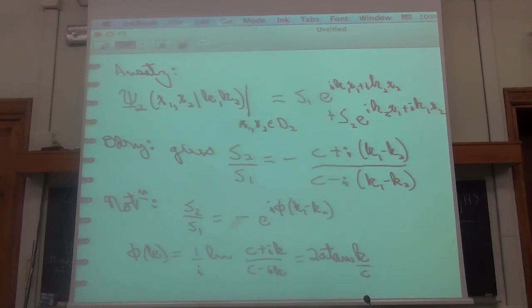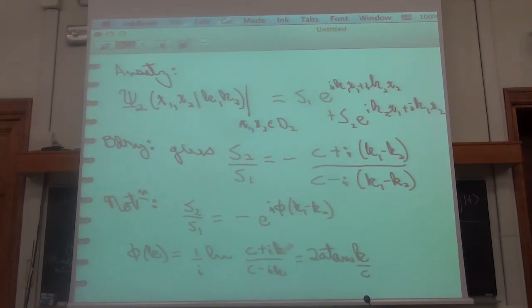Just one word: we've extracted this minus sign here. So when you take two particles through each other, you pick up this minus sign, but then with this phase here. Put the interaction to infinity: if C is infinity, then this phase is 0 for all finite momenta. That means that when the particles cross each other, they pick up a -1.